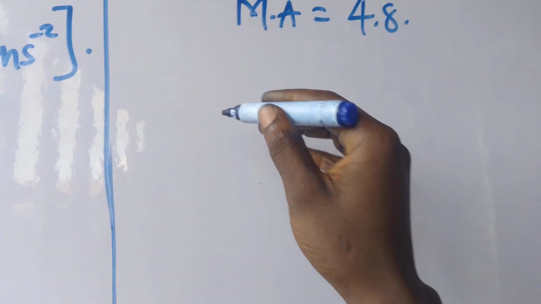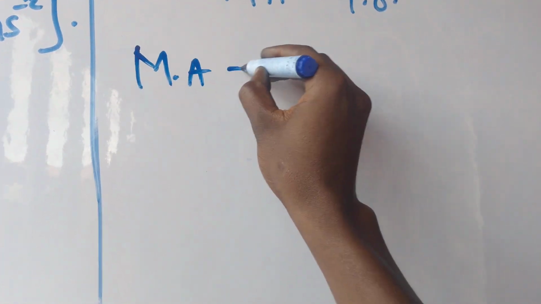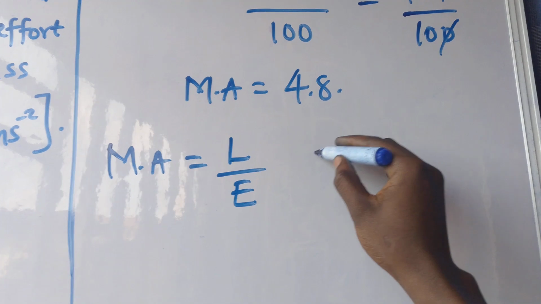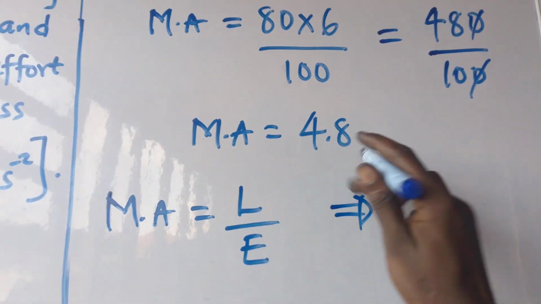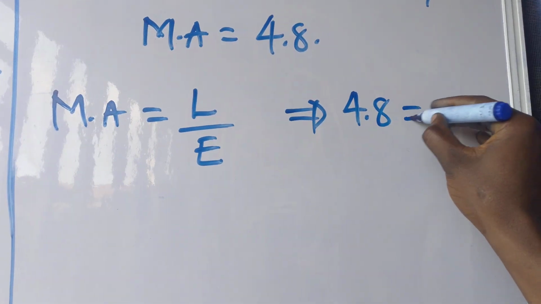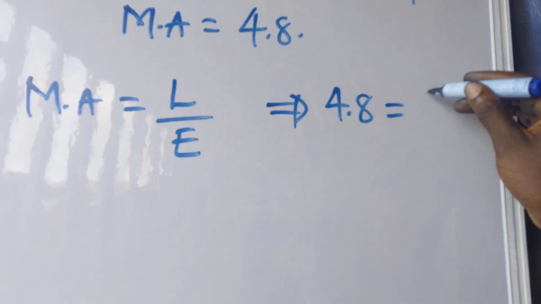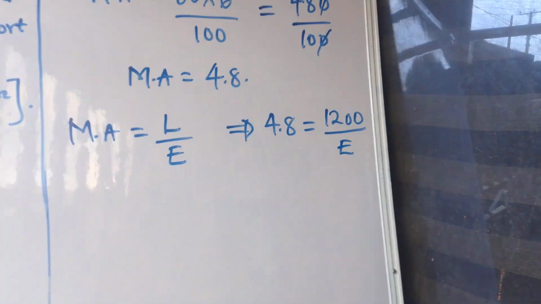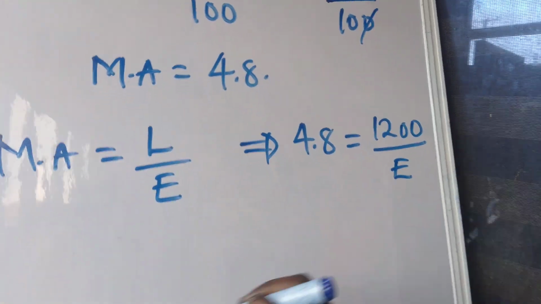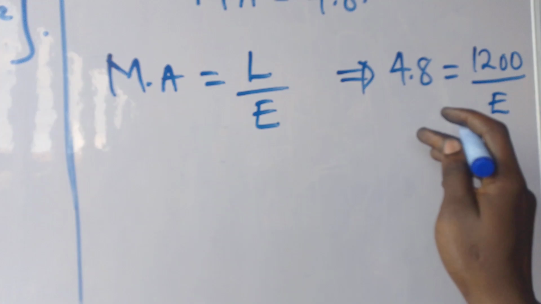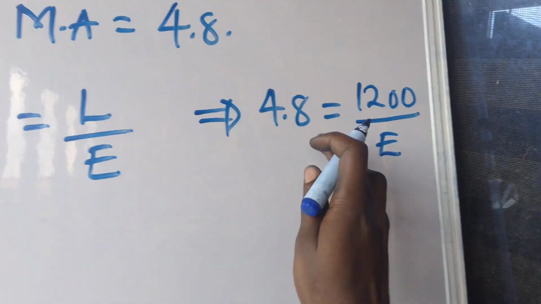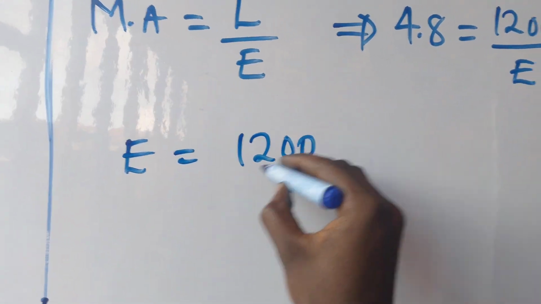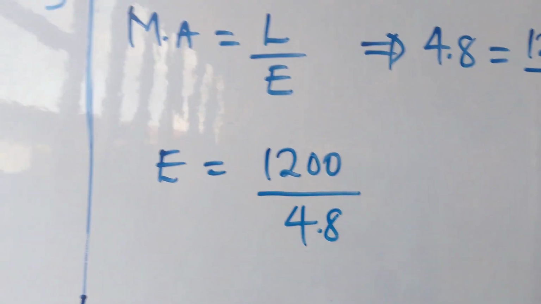Okay, then we continue. Now we know that mechanical advantage is load over effort, right? And we put the value of MA there. The mechanical advantage is 4.8, equal to the load, which is 1200, over the effort, which is unknown. So if I interchange positions, now you have E equals 1200 divided by 4.8.